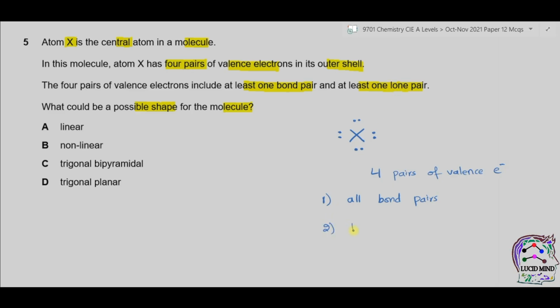Second, we have one lone pair and 3 bond pairs. Third, we have 2 lone pairs and 2 bond pairs. Or the fourth possibility is that we have 3 lone pairs and 1 bond pair.